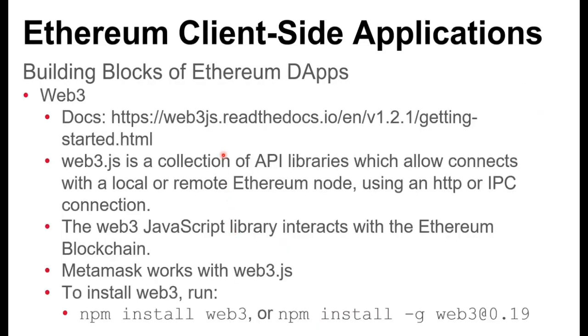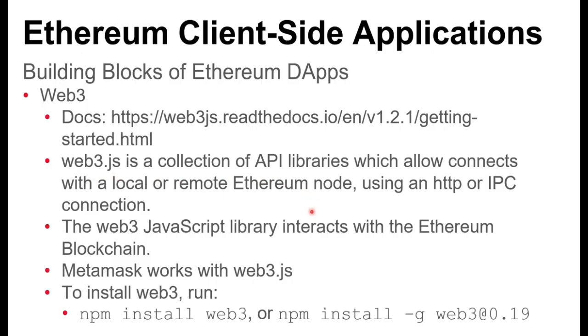Now, Web3. Web3 is a tool for Ethereum. There are these Web3 docs. Ganache is part of it. Truffle is part of it. We've all heard of Web 2.0. Now there's Web 3, which is really a set of tools for Ethereum, but it may be expanding to other blockchains.